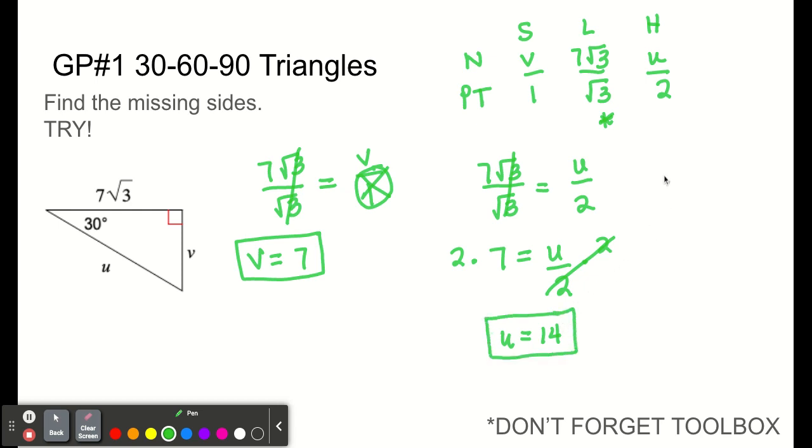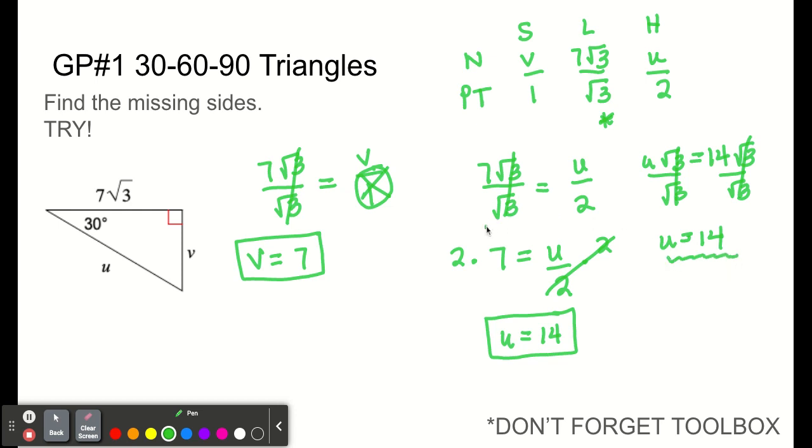So that is an option. Now, if you cross multiplied here, you would have gotten u radical 3 equals 14 radical 3. You divide both sides by radical 3, and you end up with the same answer.